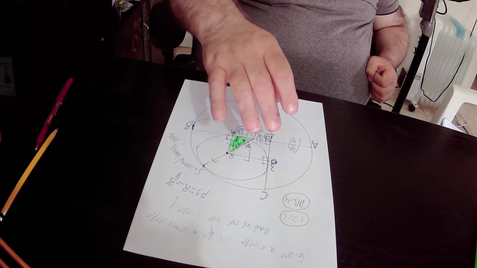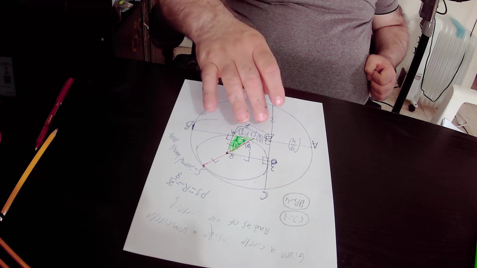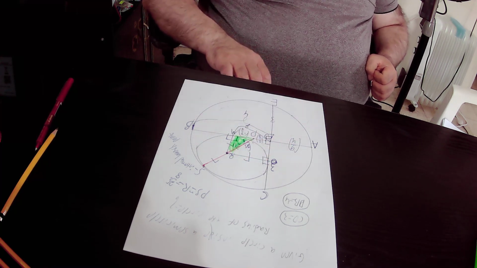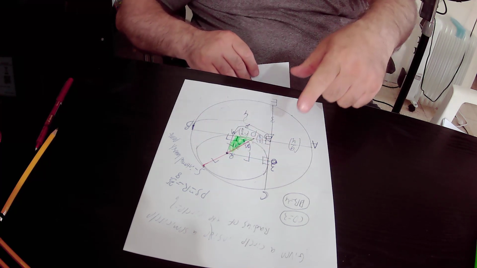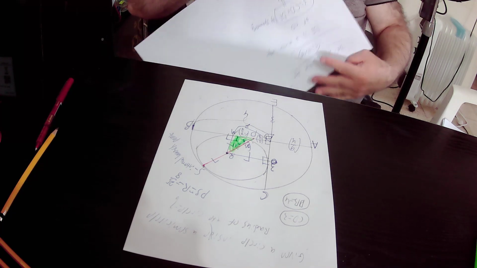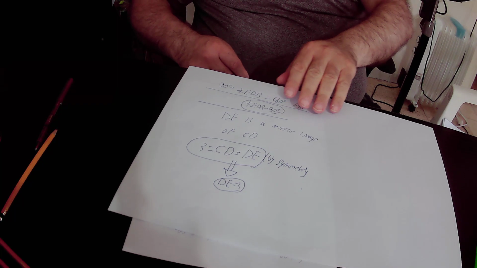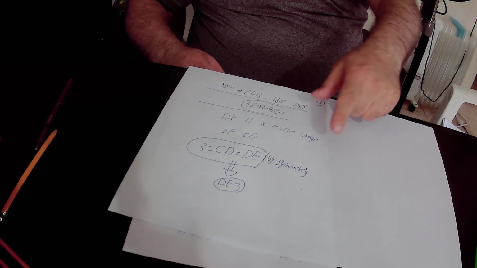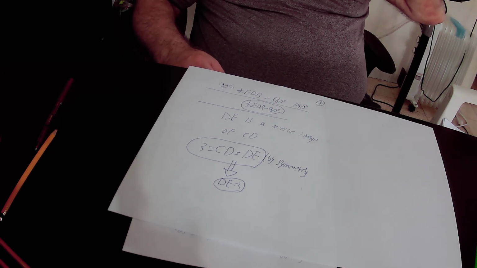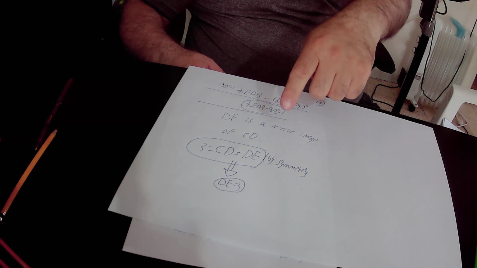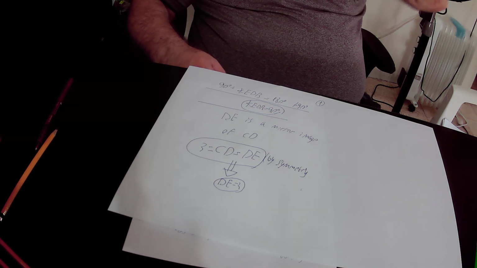Because DE is a mirror image of CD, their lengths must be equal to each other. That is to say, CD equals DE by symmetry. DE is the mirror image of CD, therefore CD must be equal to DE.